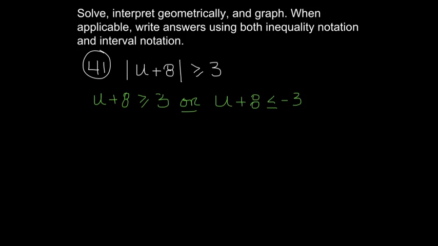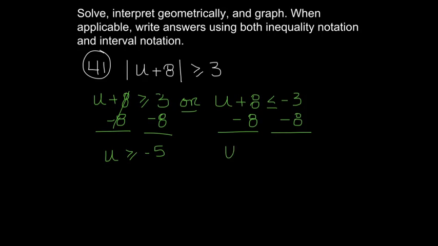If I solve both of these, I could subtract the 8 from both sides. My 8's cancel, and I'm left with u is greater than or equal to negative 5. Subtract the 8's from both sides over here, and I am left with u is less than or equal to negative 11.